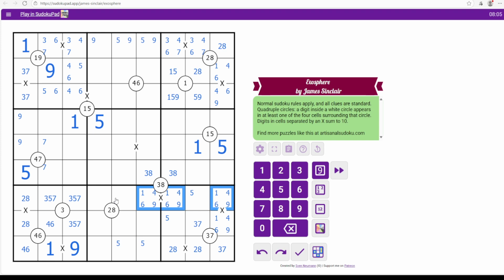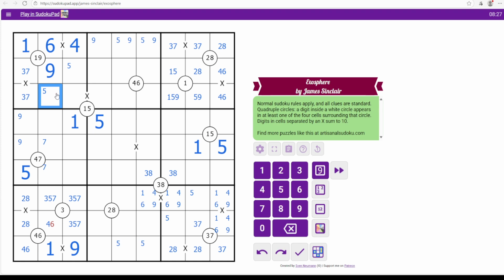Okay. What else can we do? Oh, we know we've got a 1 in there, so that can't be a 1. That must be 4, 6 pair, which makes this a 3, 7 pair, which makes that 6, 4, which we could solve.